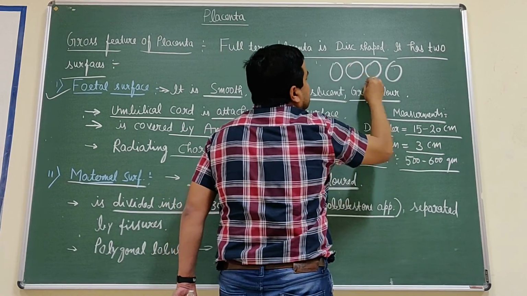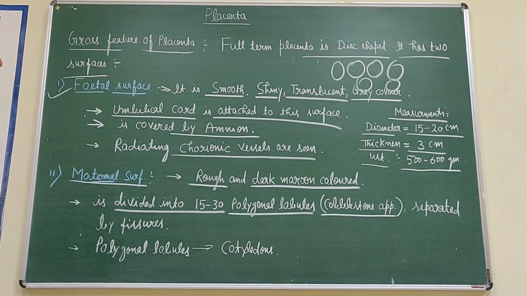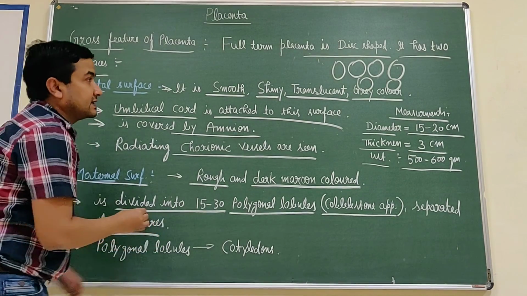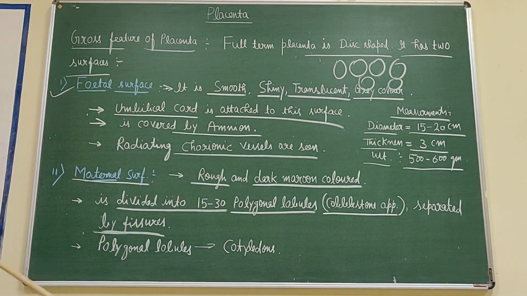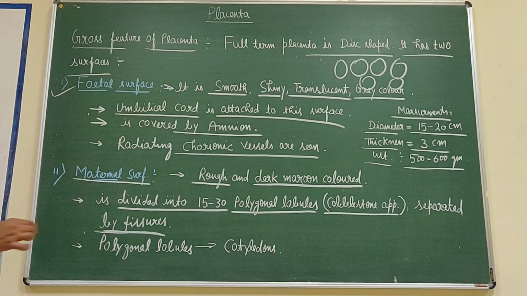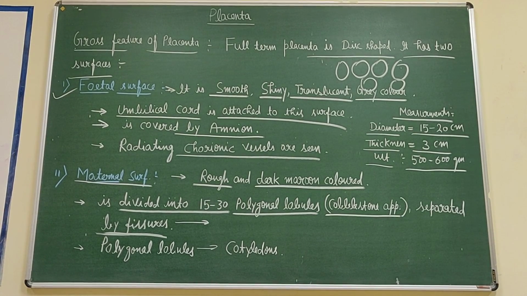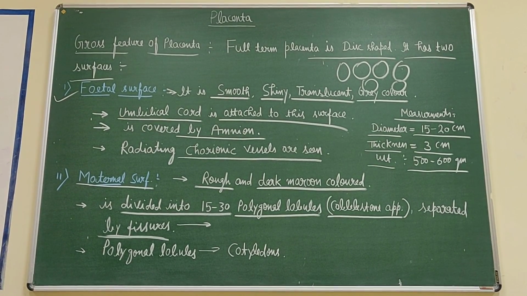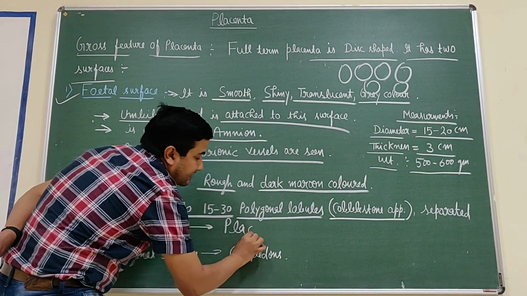And these lobules, 15 to 30, are separated by fissures. Between these two lobules, a fissure is present. And if you see the cut section of the placenta, this fissure is occupied by the placental septa.